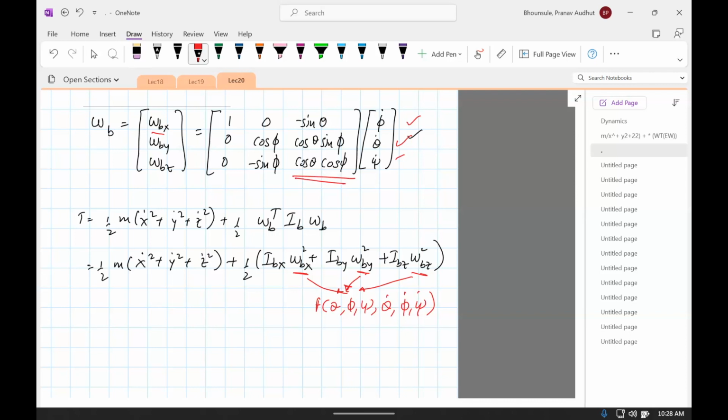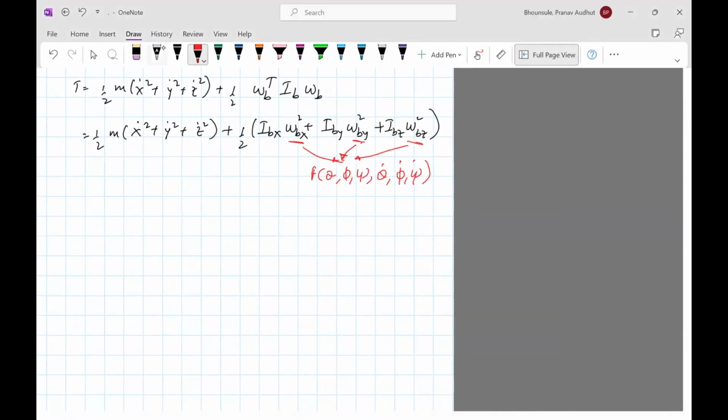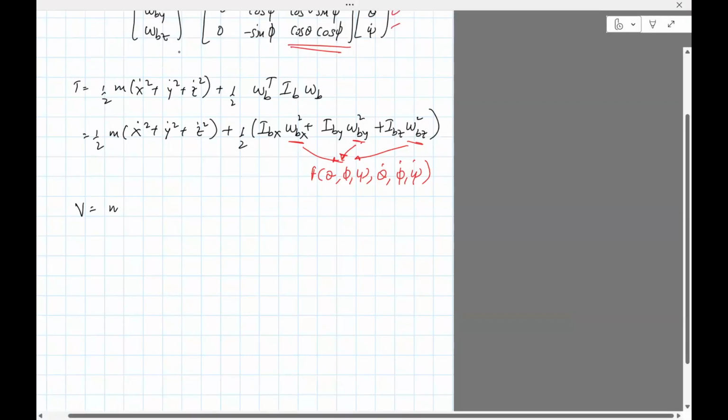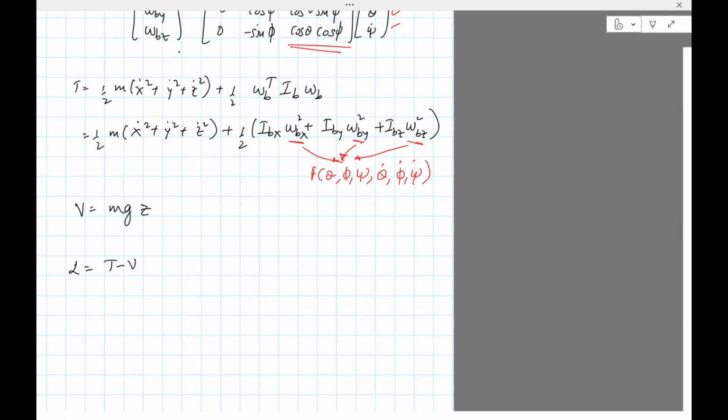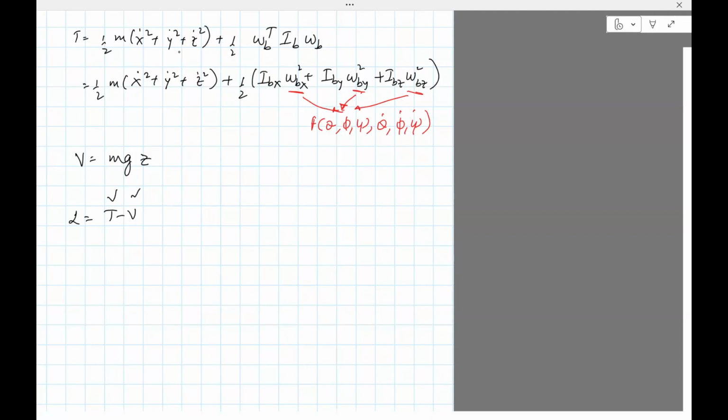That's too complicated, so I'm not going to do that by hand, but I'll do it in code so I don't have to worry about this. Next is V, the potential energy. It's simply mgz. And then L is T minus V, and we already got T and V, so we can substitute that in.